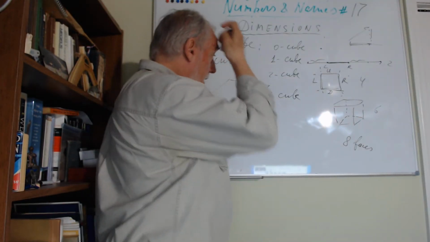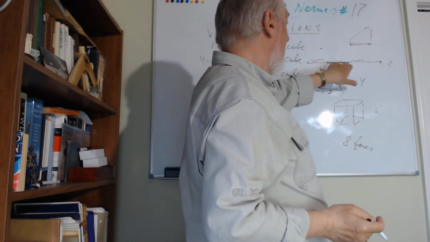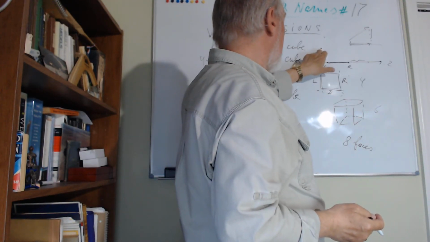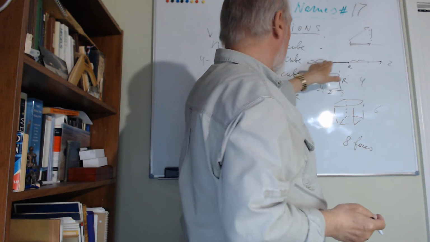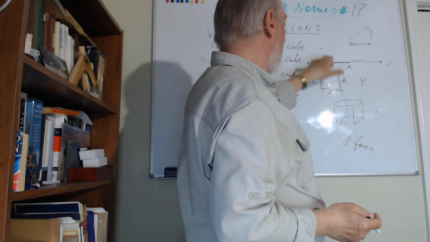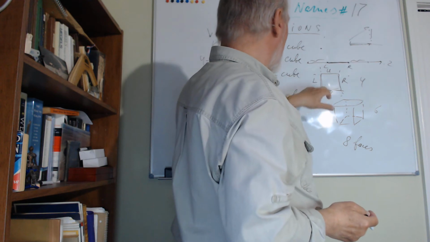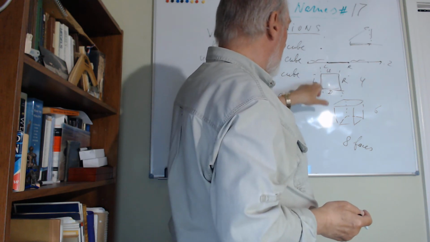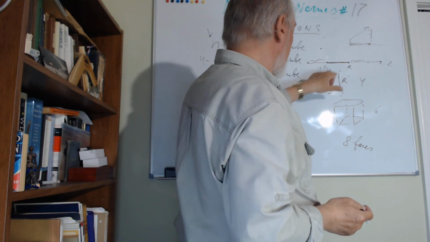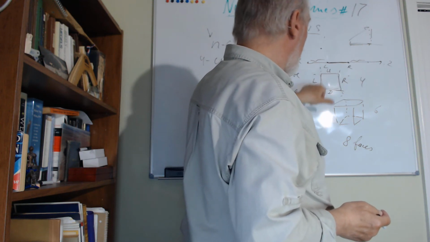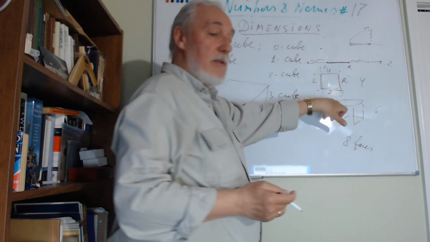And look at these faces. For the 1-cube, each face is a point, and a point is 0 dimensions. For the 2-cube, each face is how many dimensions? 1. For the 3-cube, each face has 2 dimensions.